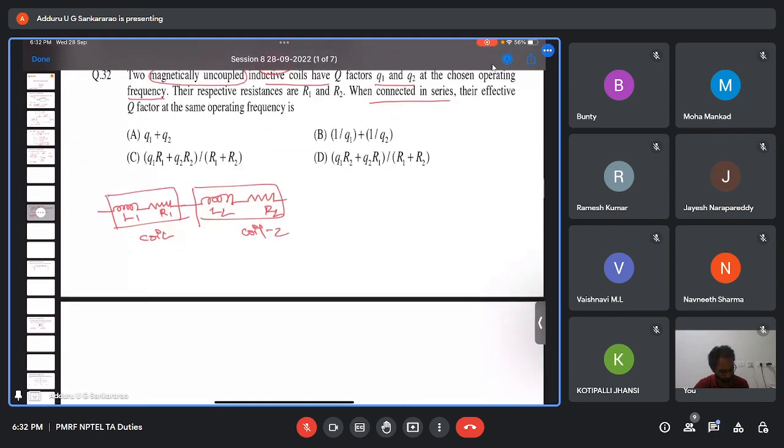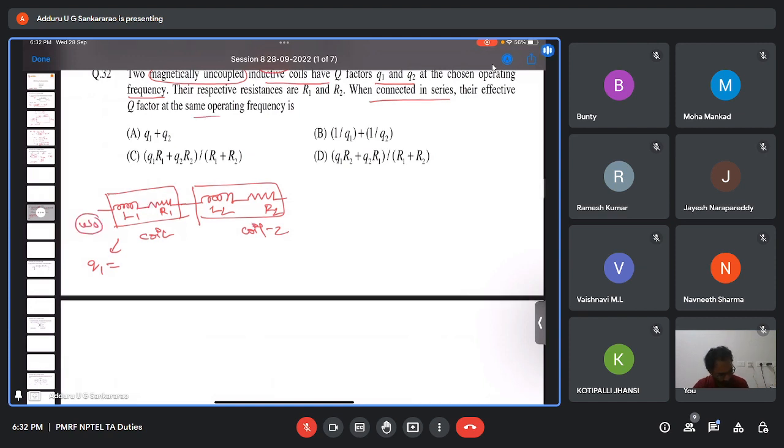So for a single coil, what is the Q factor? We have already seen. Let us say Q1 is the Q factor, and they are operating at some frequency omega naught. Q factor is omega naught L1 by R1 for the first coil, and for the second coil the Q factor is omega naught L2 by R2.